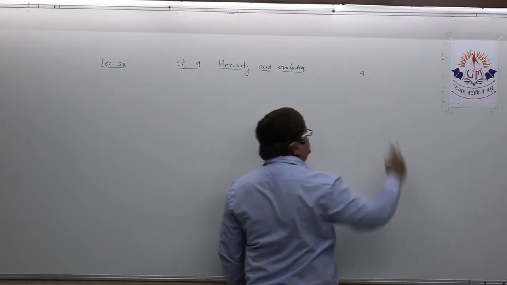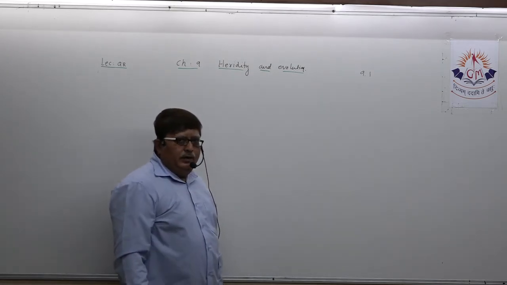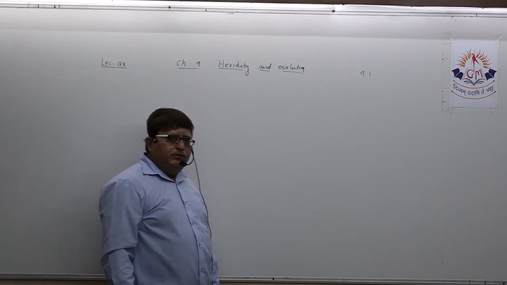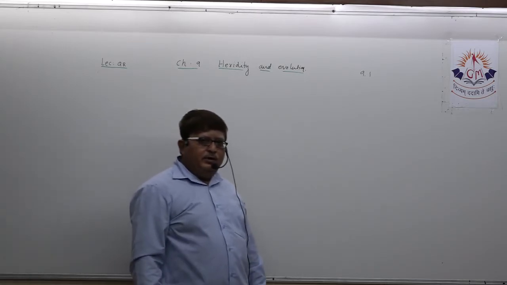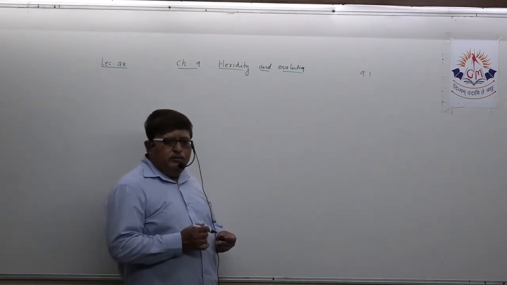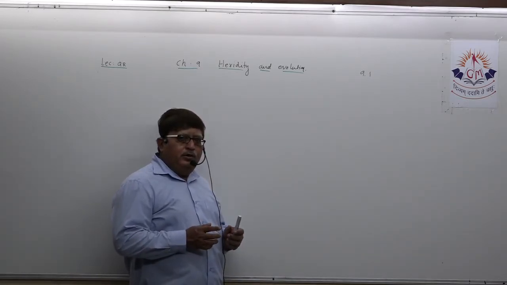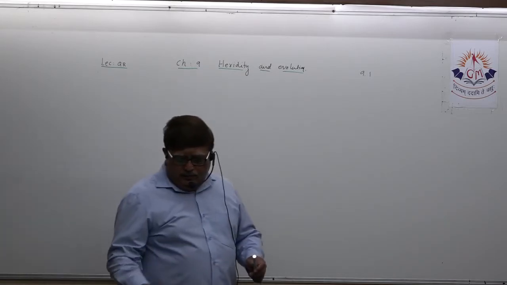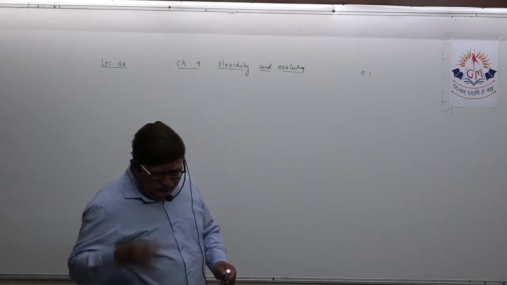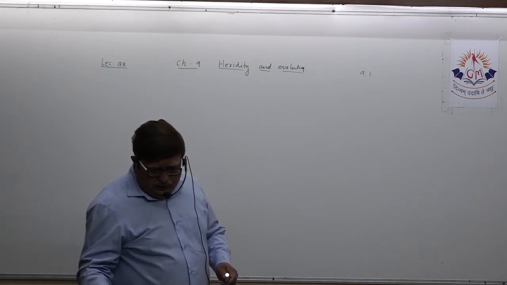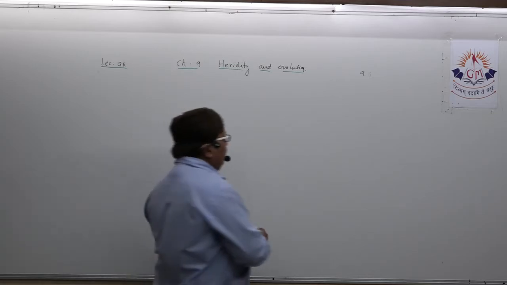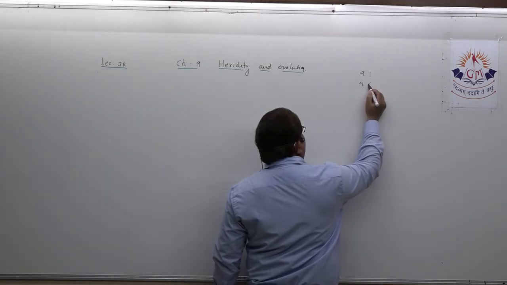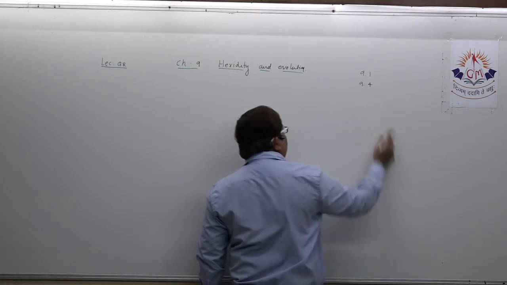Topic 9.1, accumulation of variation during reproduction, is already eliminated, so you do not have to bother about it. Another topic which is also eliminated is topic 9.4, that is about speciation.